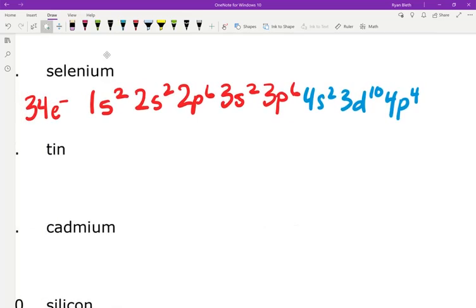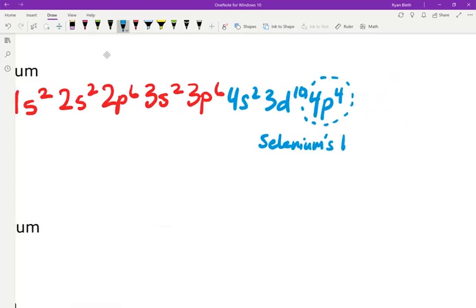But by all means, what does that last little part mean? Just to put a little bit of detail on that, these last electrons we could describe as selenium's highest energy electrons. A short way to say that, we'll often hear ourselves describing them as the last electrons.